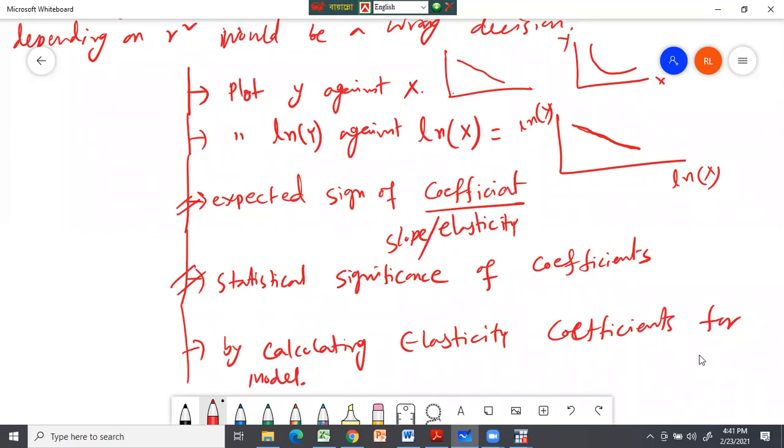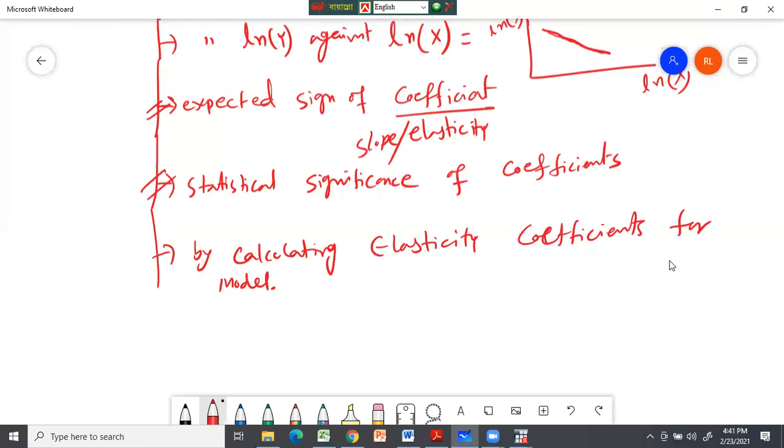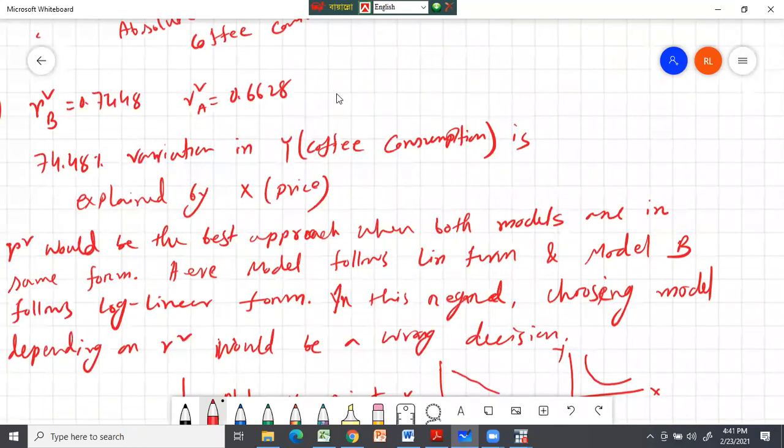For model A, you have already calculated the elasticity coefficient. We have already calculated it, what was it?